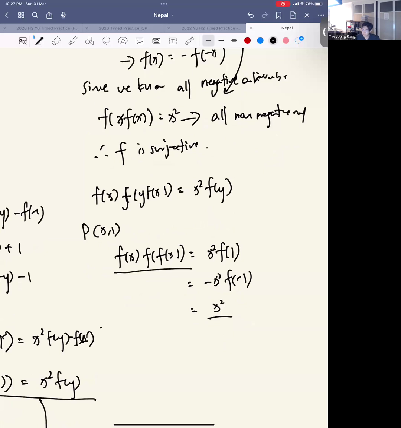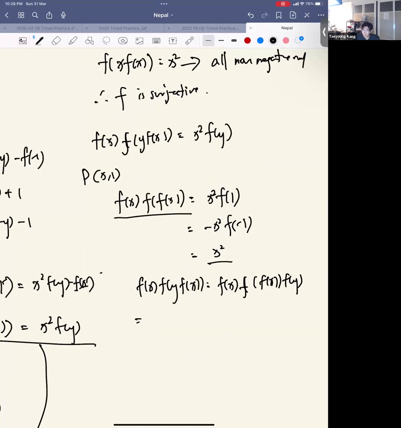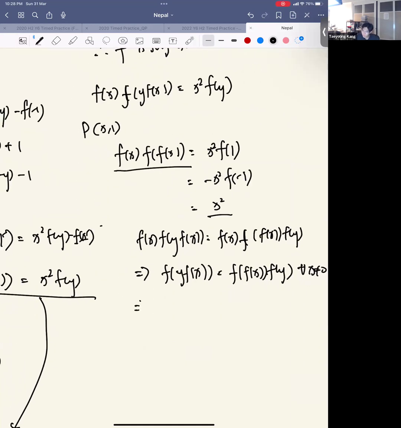So we have that f(x) f(y) f(x) is equal to f(x) times f(x) f(y), which implies that f(y f(x)) is equal to f(x) f(y) for all x that's not 0.